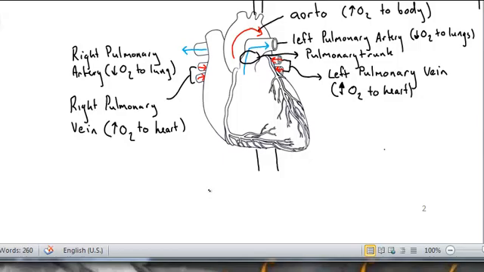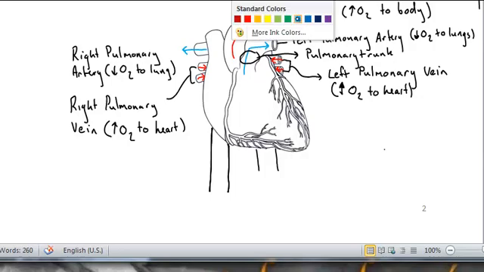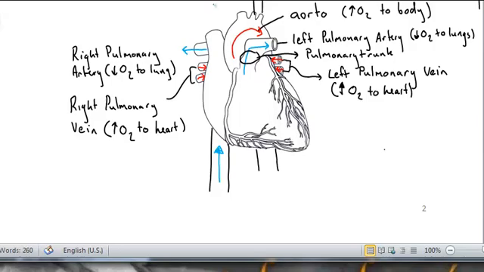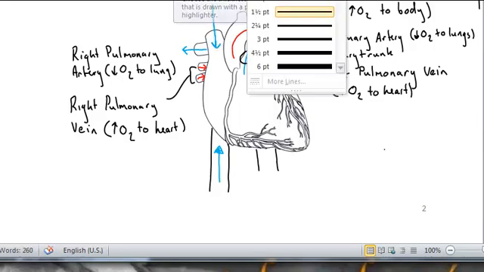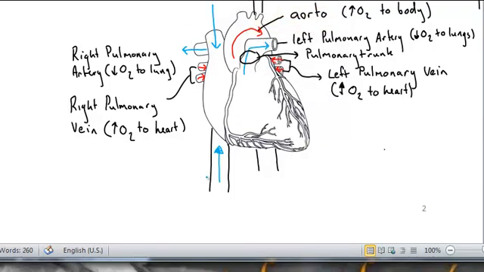And then coming up from the bottom, collecting the blood back from the body, and down from the top, collecting blood back from the head. We discussed it last day.